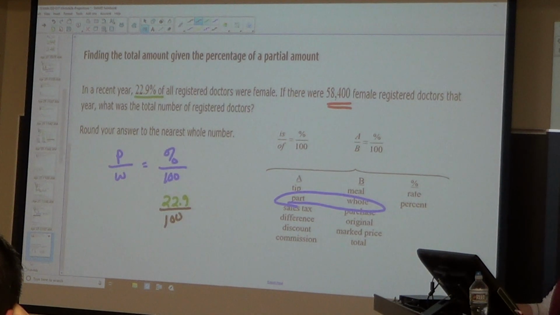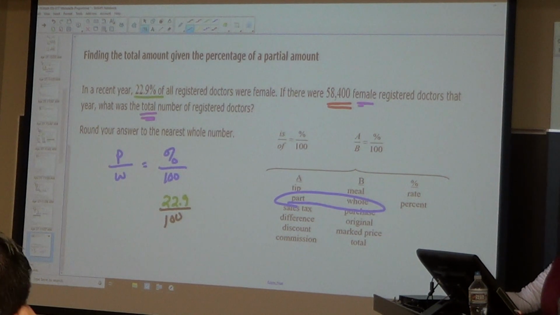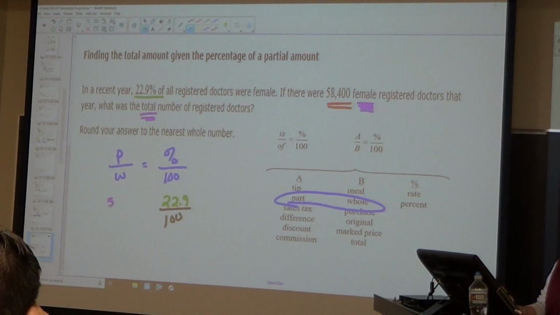A lot of people say, oh, that's a big number. That's gotta be your whole. 58,400 female doctors. How many total doctors? So do the girls represent all doctors? The girls only represent part of the doctors.